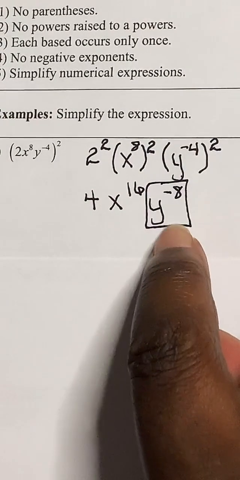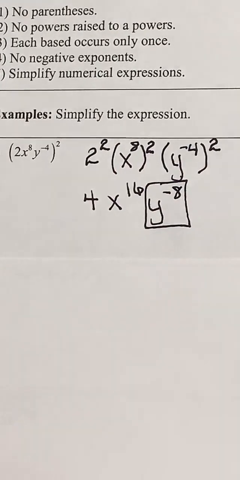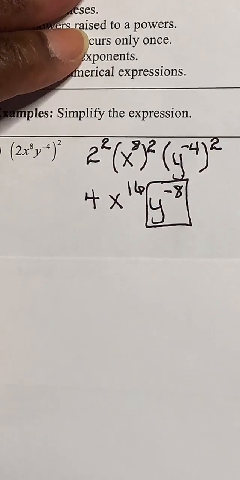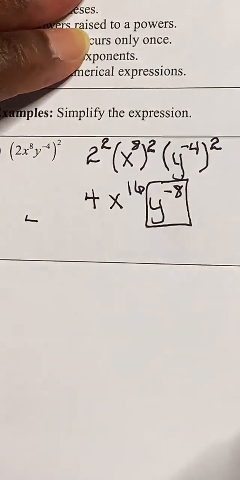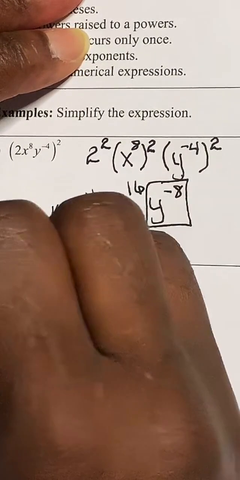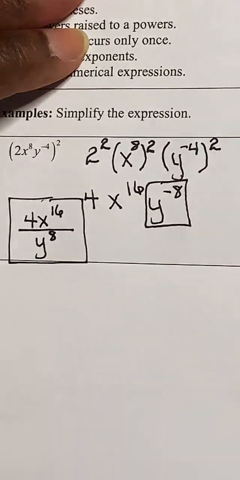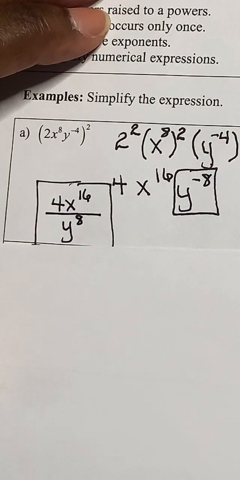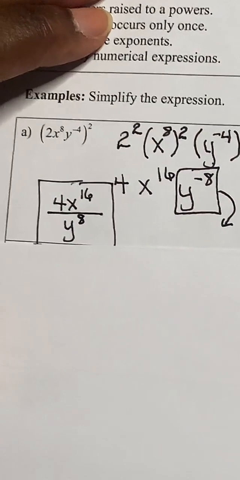So just the y with its 8th is going to drop down to the denominator. The only thing staying in the numerator is my 4x to the 16th over y to the 8th. That's your answer, because this needs to drop down into the denominator.